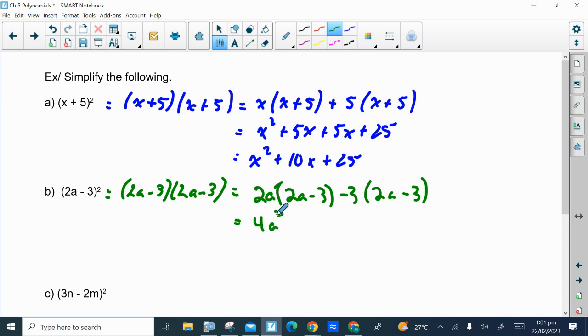So multiplying out, we get 4a squared minus 6a minus another 6a. And negative 3 times negative 3 is positive 9. Or 4a squared minus 12a plus 9.